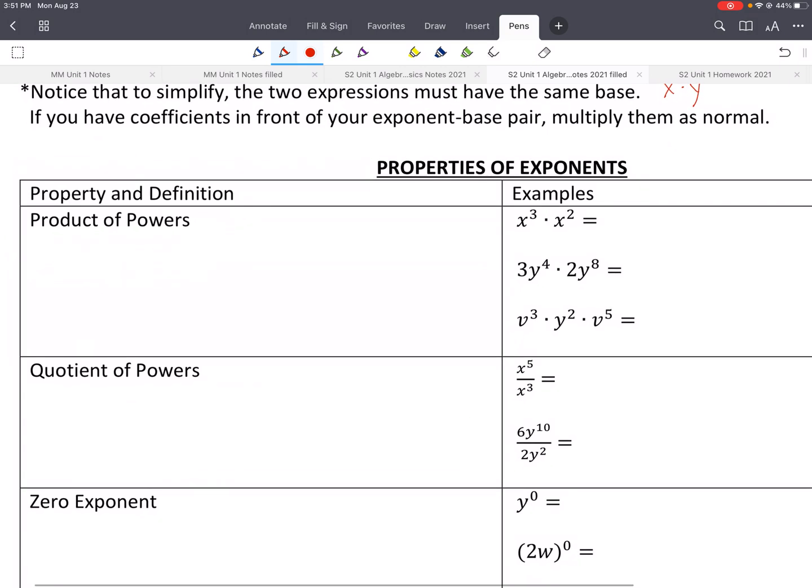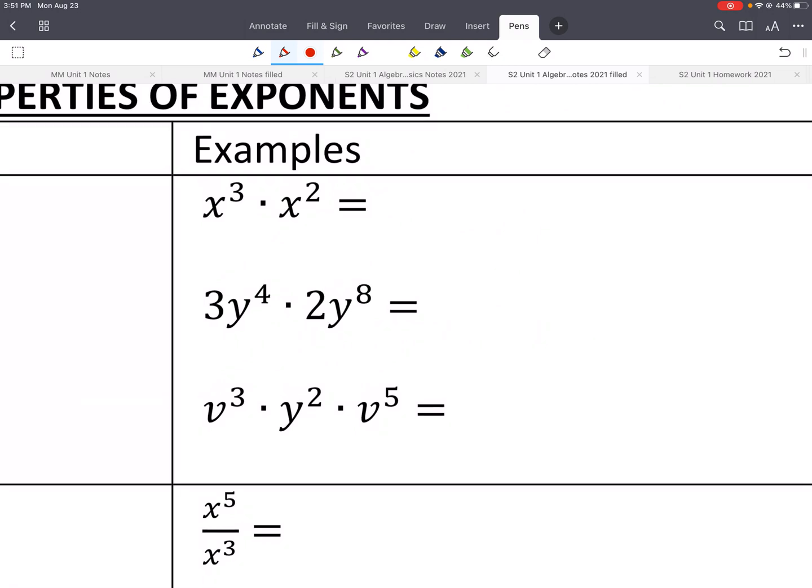Let's talk about the product of powers. So basically, what happens when we multiply like bases? What happens to their exponents? One way we can do this is called expanding. So we know that x to the third is just x times x times x, and then we're multiplying it by x squared, which we know is x times x.